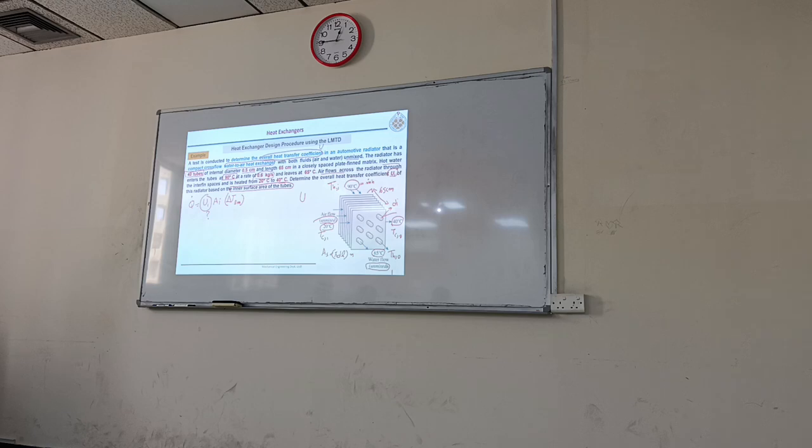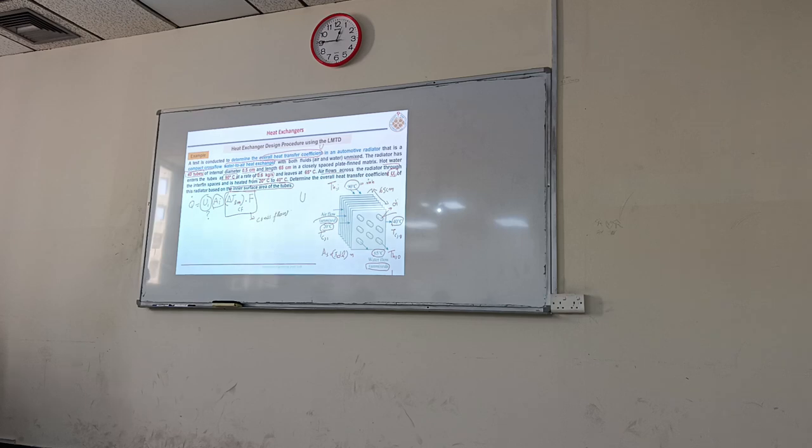You want to calculate HI, HO here, right? So AI is given. Delta TLM is, yes, this is cross flow. This delta TLM we can find out from the equation for counterflow, and you have to multiply with a factor F. That will be delta TLM for cross flow.